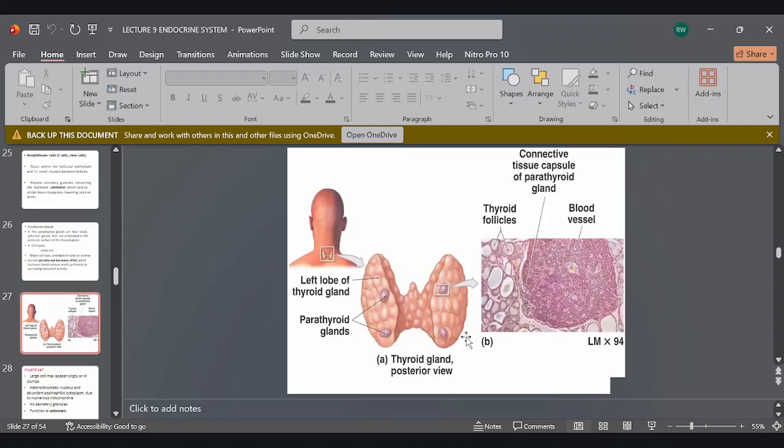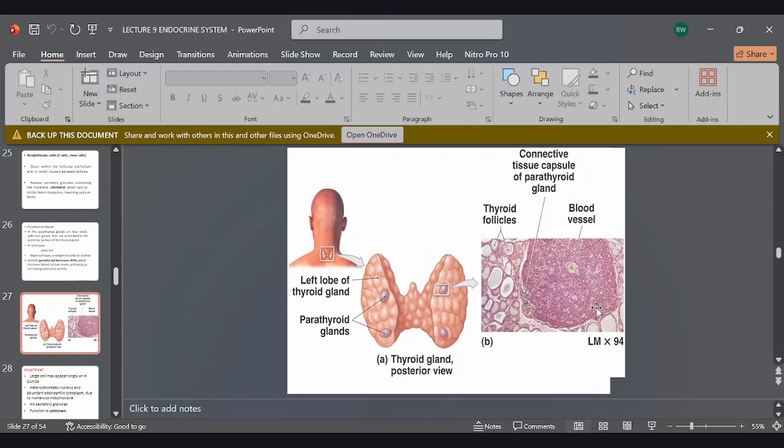So this is the thyroid gland. You are able to see the posterior view of the thyroid gland. The parathyroid gland is located here. Are you able to see the parathyroid gland at the posterior side of the thyroid gland? Yes, so those are the parathyroid glands.